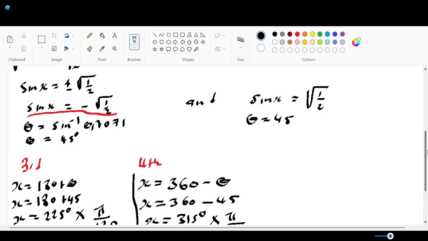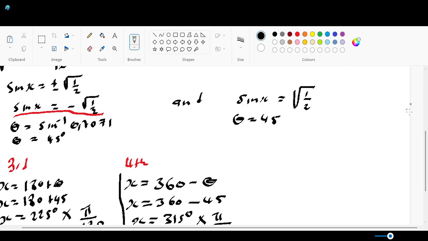Now we need to go back and do the other one whereby our sine is positive. So when we do this one, you must pay attention to the quadrants whereby our sine is positive. So let's use the red pen, the red mark here.